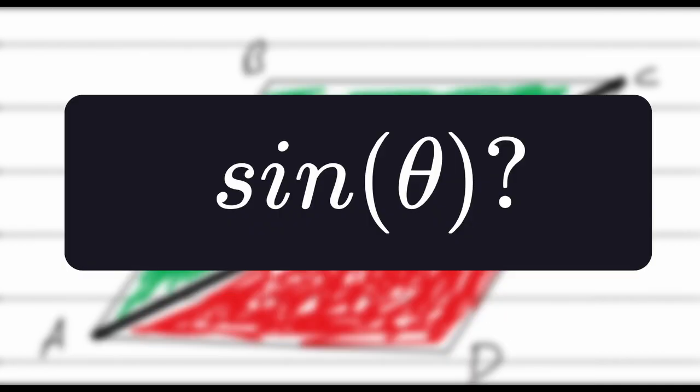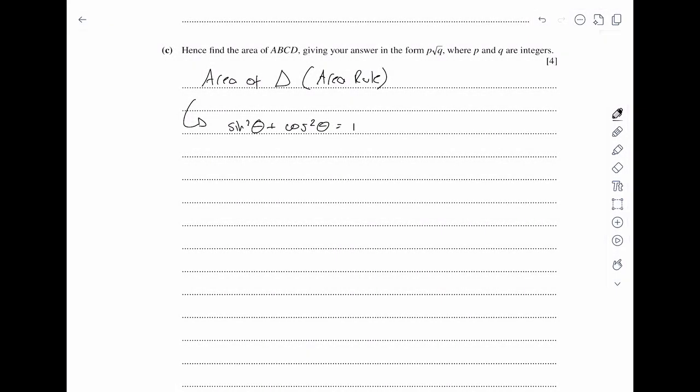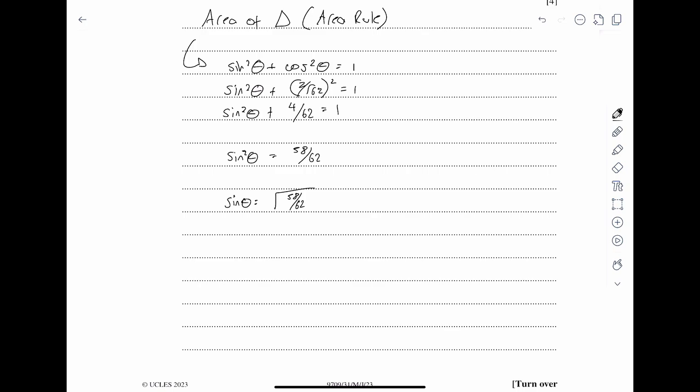So the question is, how are these related such that we can find sine theta? If you remember, sine squared theta plus cos squared theta is equal to 1. So therefore sine squared theta plus 4 over 62 equals 1, which means we can get sine theta as root 58 over root 62.